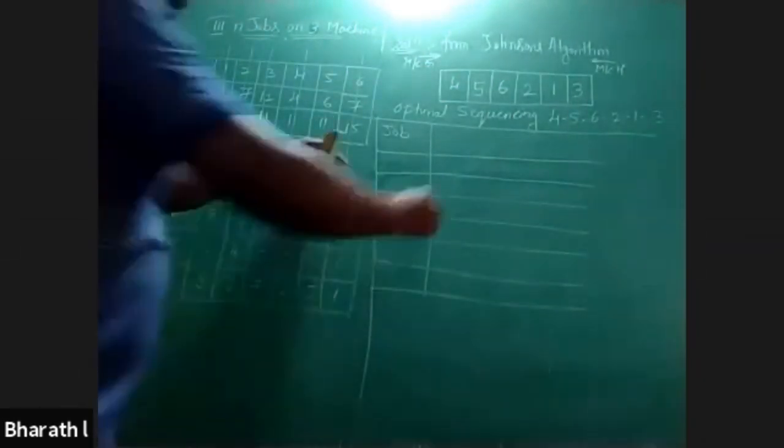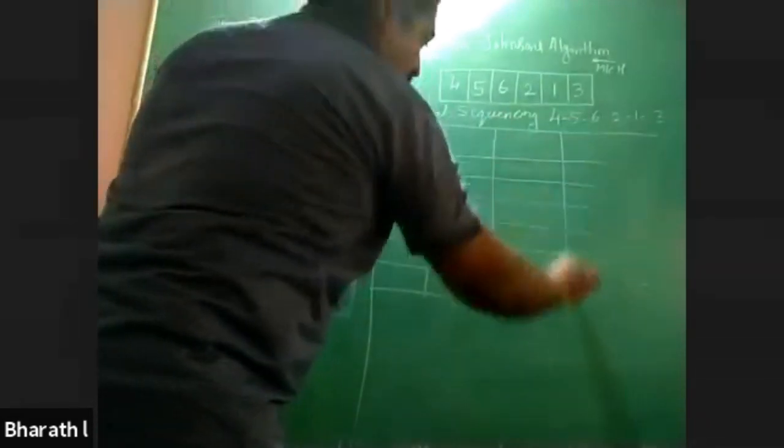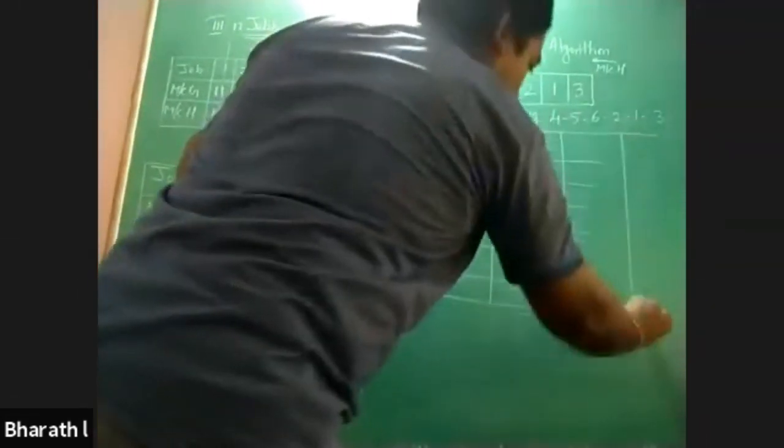And they're given 3 machines, so we construct 3 machines: 1, 2, 3.